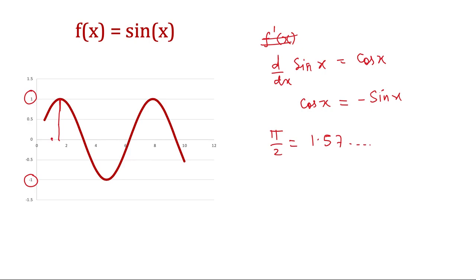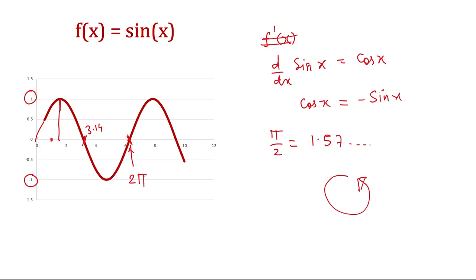At 180 degrees, that is pi or 3.14, it will be 0. Similarly at 0 it will be 0, and it will keep oscillating. It will complete one oscillation in 2 pi. 2 pi is 360 degrees. So 2 pi means 6.28.